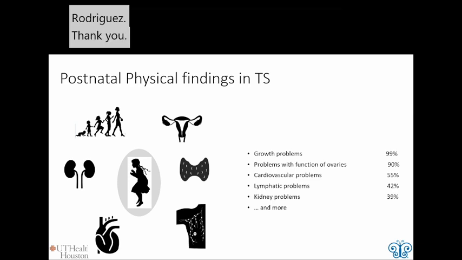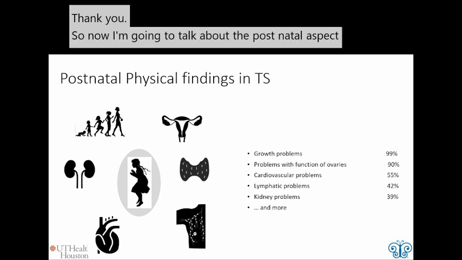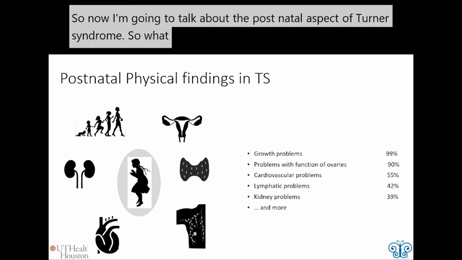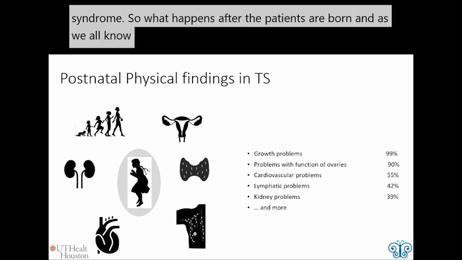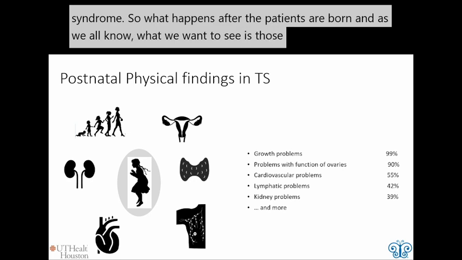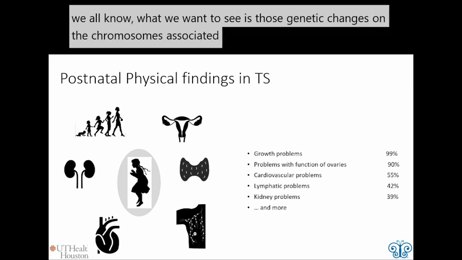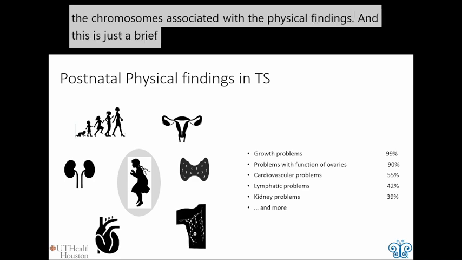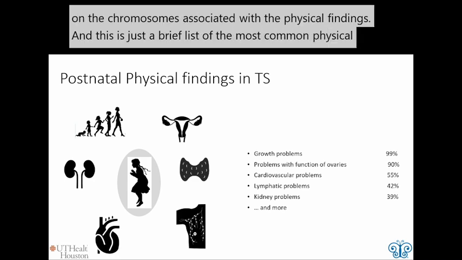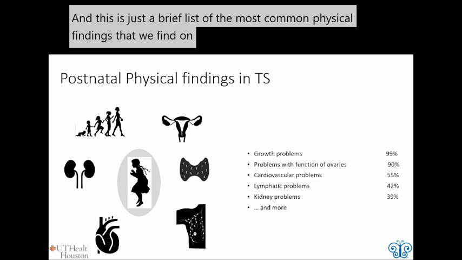Okay, so now I'm going to talk about the postnatal aspect of Turner syndrome. So what happens after the patients are born? And as we all know, what we want to see is those genetic changes on the chromosomes associated with the physical findings. And this is just a brief list of the most common physical findings that we find on girls with Turner syndrome.